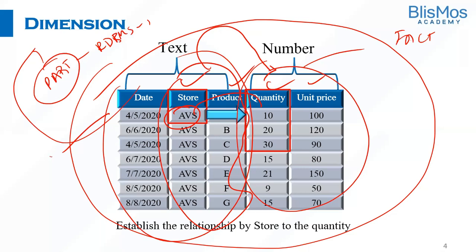That is where we can establish a relationship between store and the quantity. I hope it is clear how we can categorize the data in a transactional processing table into dimension data and fact data. Let us extend this with one more important example.